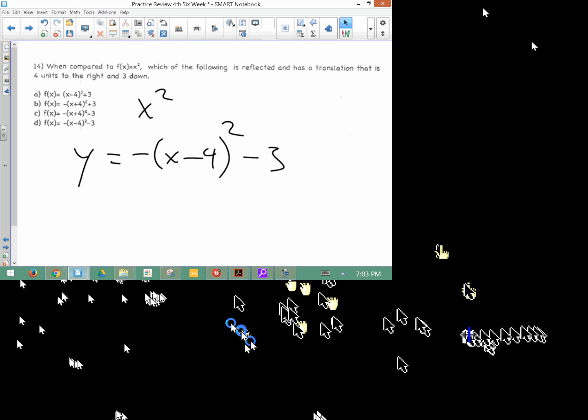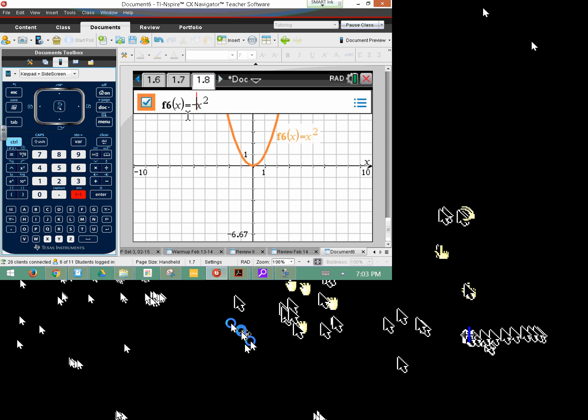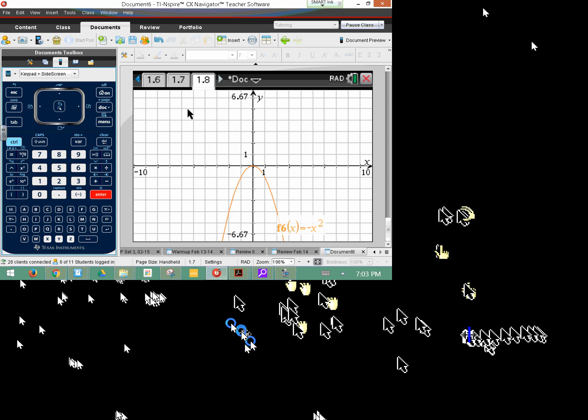It says I want to reflect it and move it 4 units to the right and 3 down. Okay? So to reflect it, it just means that I am going to take it and put a negative sign in front of it. All right? Then I'm going to move it, let me get it right.